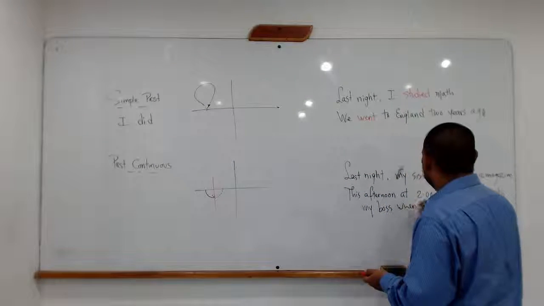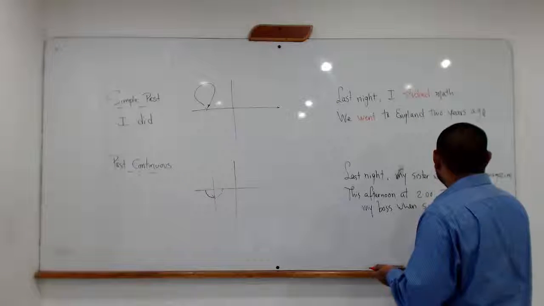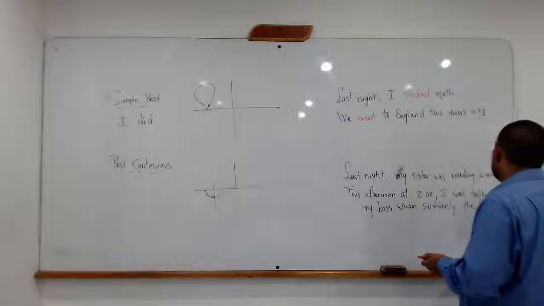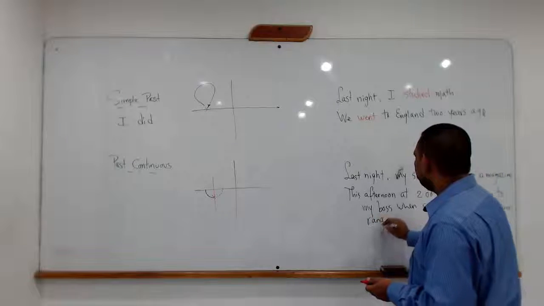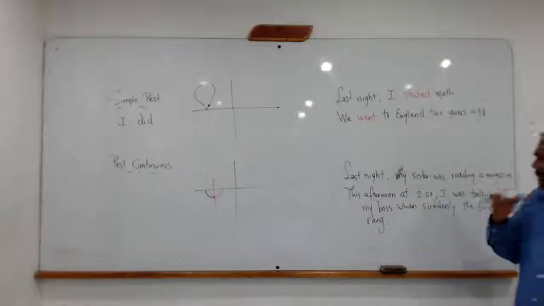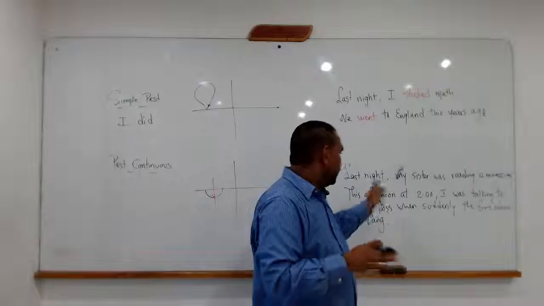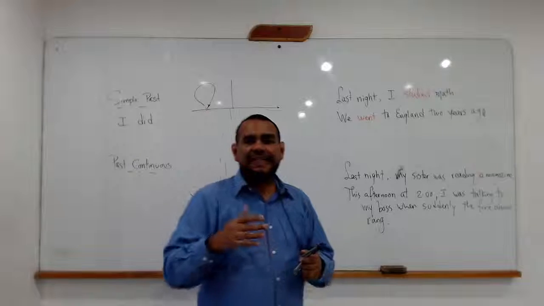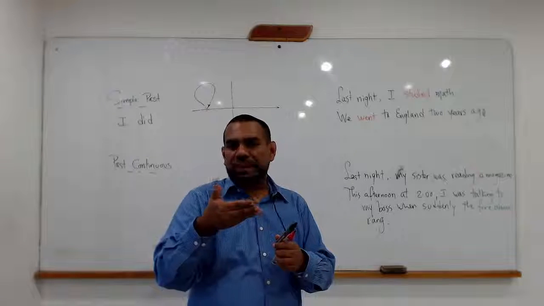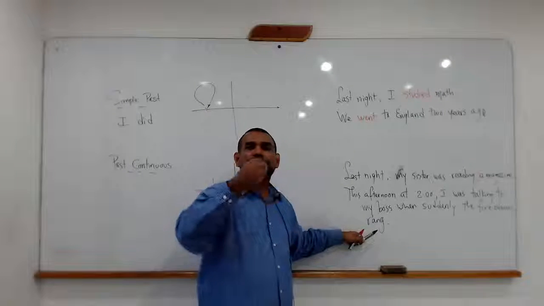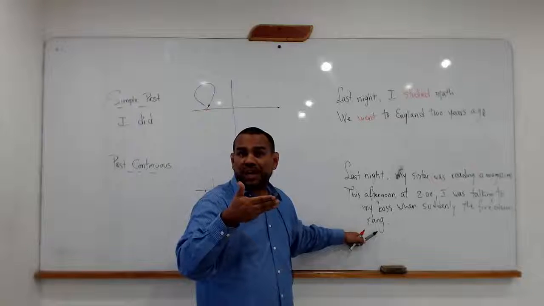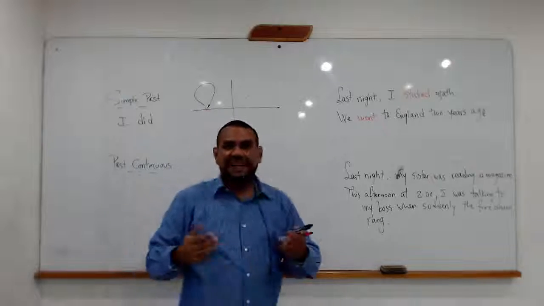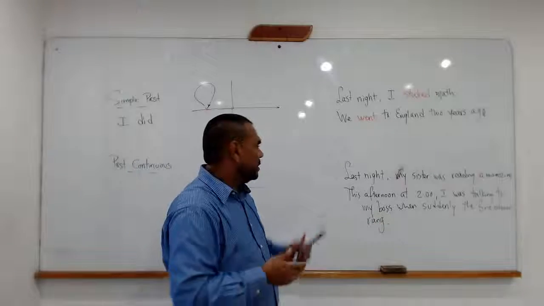When suddenly the fire alarm rang. Look, this afternoon at 2 o'clock, I was talking to my boss when suddenly the fire alarm rang. The fact of having a fire alarm ringing, okay, constitutes an interruption in the action that was being done. We were in the middle of doing this. And finally, the action was not completed in that case.